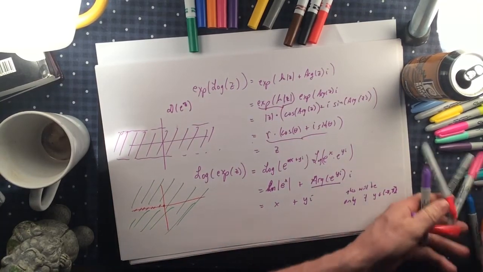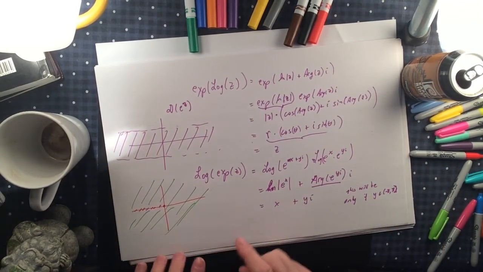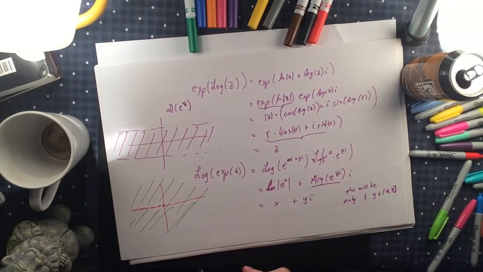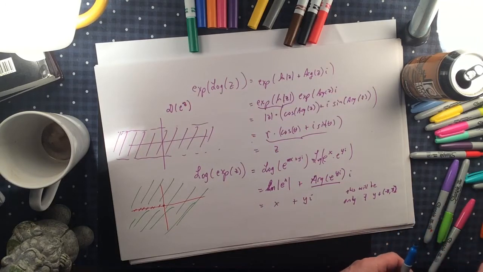So when we restrict our exponential function to this region and use the principal logarithm, these are the domains in which the exponential and logarithm properly invert each other.